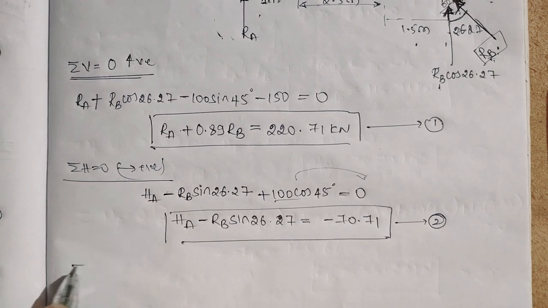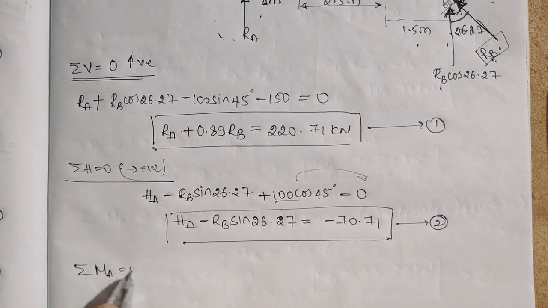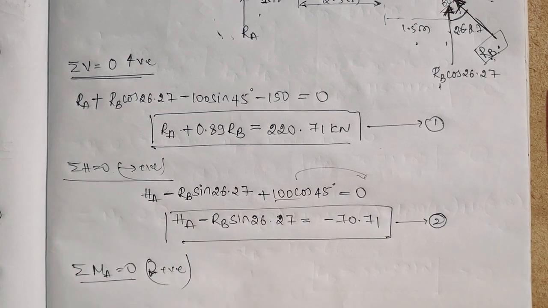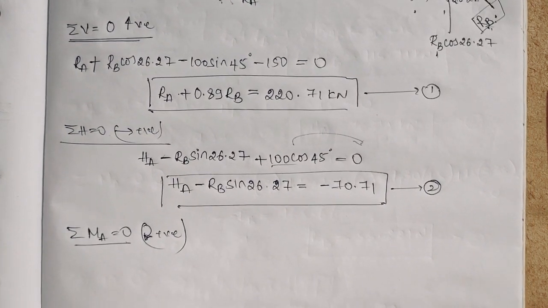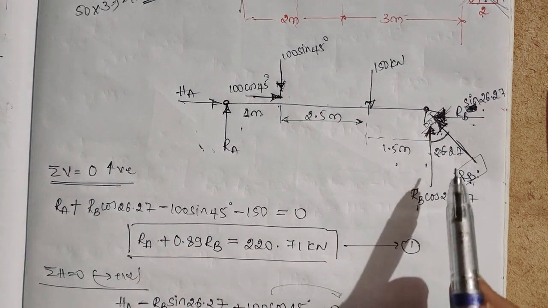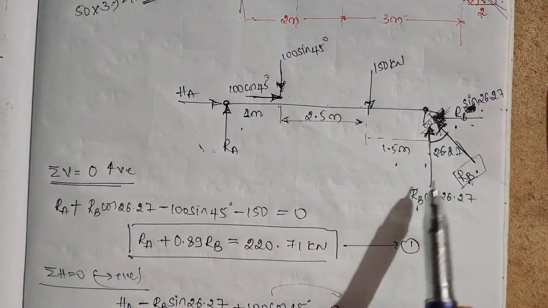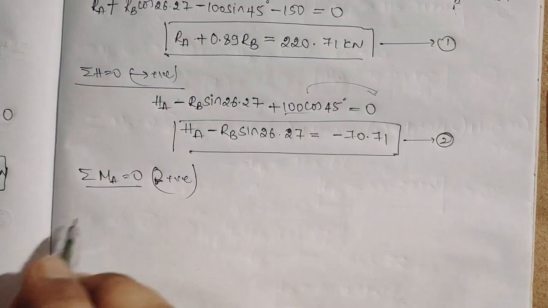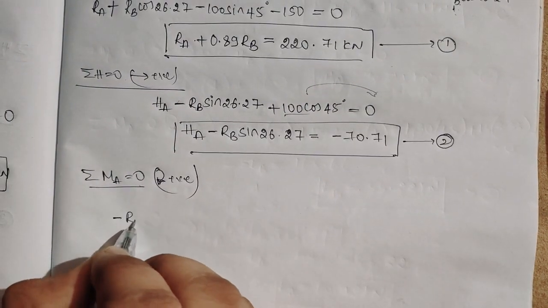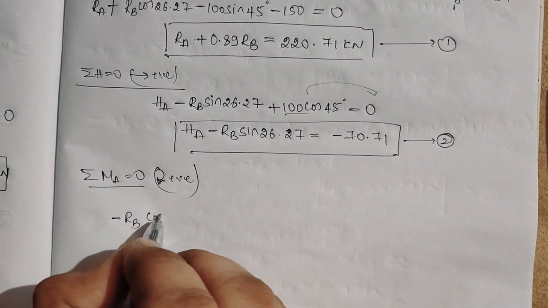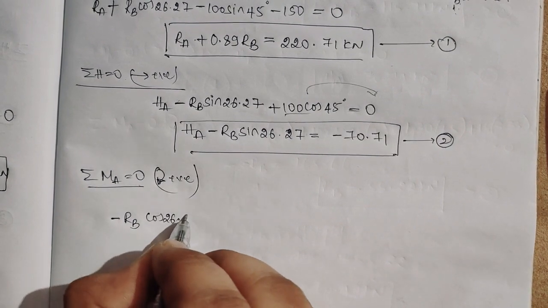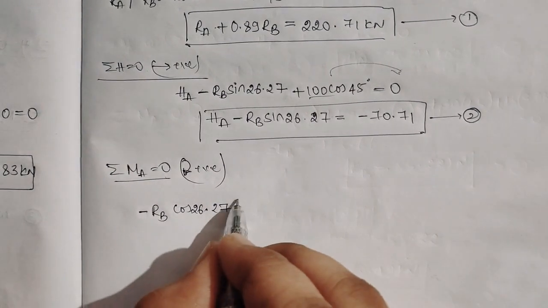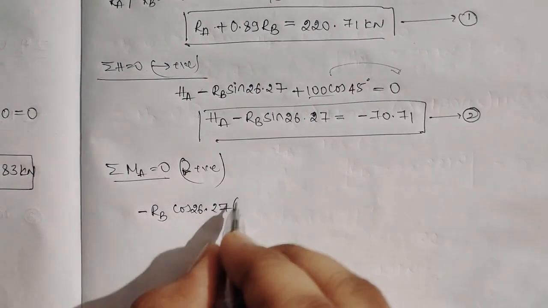Then moment about A, summation of moment about A is equal to 0, taking clockwise as positive. Okay, see the diagram here. This will not create any moment, this will create moment. So RB cos 26.27, what will it make? It will make anti-clockwise direction, minus RB cos 26.27 into how much distance?